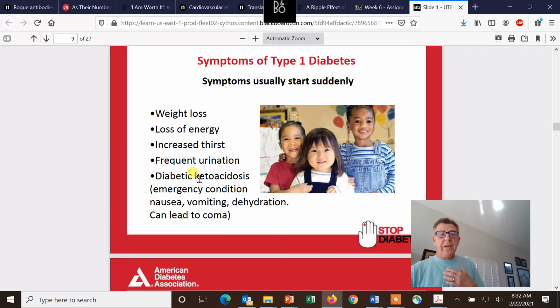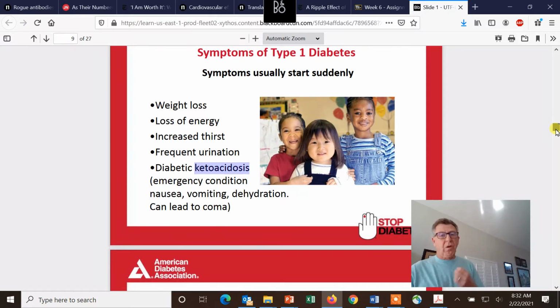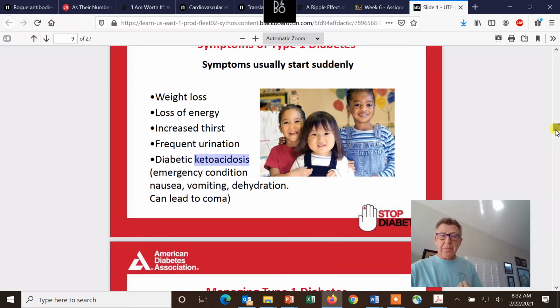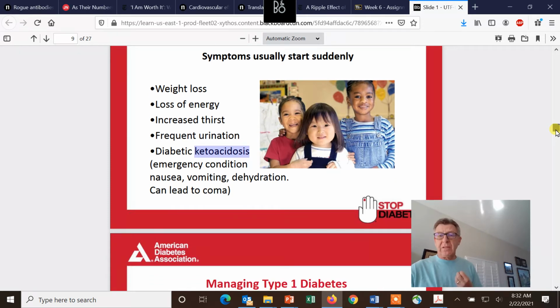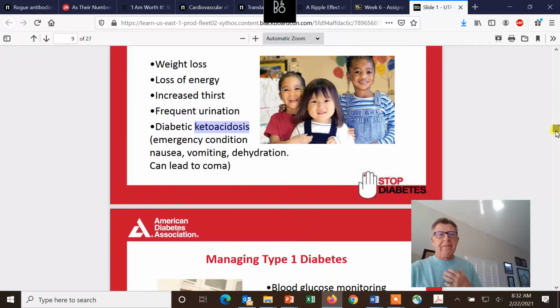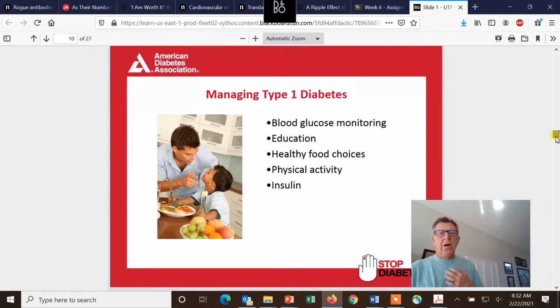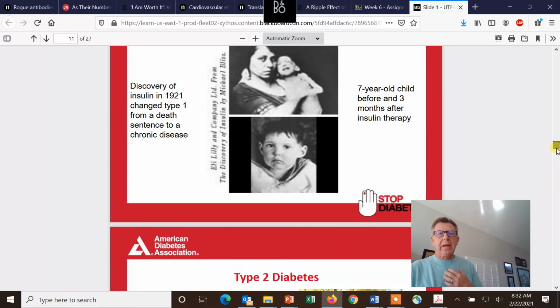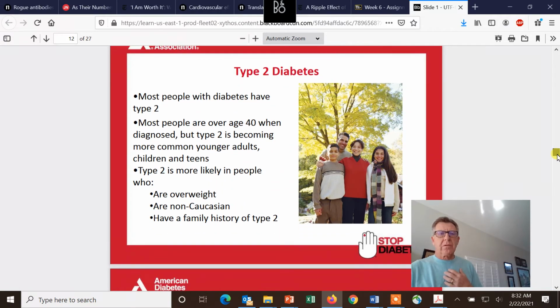If you don't have any insulin, you run the risk of going into what's called ketoacidosis, where your body uses only fat and it changes the pH of your blood. It's an emergency condition. So this is when a diabetic needs to have an insulin injection. And this then goes into type 2 diabetes.